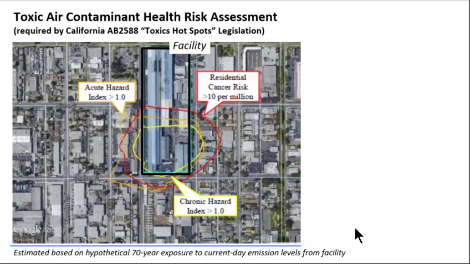The AB 2588 regulation requires public notification of the increased risk for those within the 10 in a million contour. Therefore, in this case, notification would be required for those living within the red contour. The other contours shown, yellow and orange, refer to other requirements aside from cancer risk, which we will not cover.